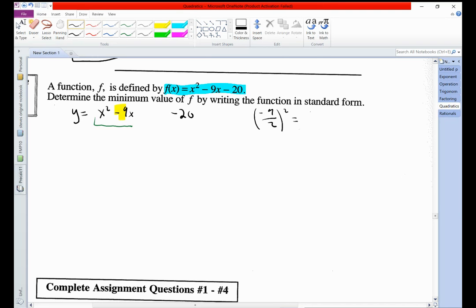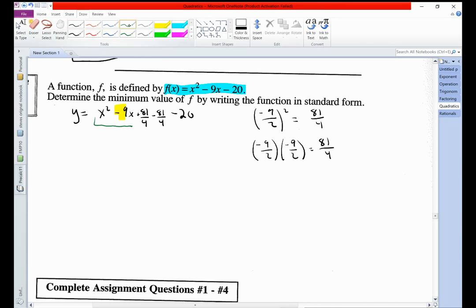Squared gives me 81 over 4, right? Because we'll have negative 9 over 2 multiplied by negative 9 over 2. Negative 9 times negative 9 is 81, and 2 times 2 is 4. So that means I have to add 81 over 4 and subtract 81 over 4.